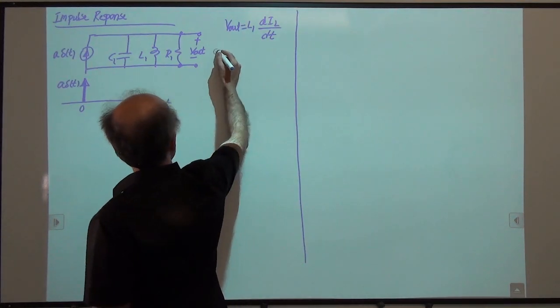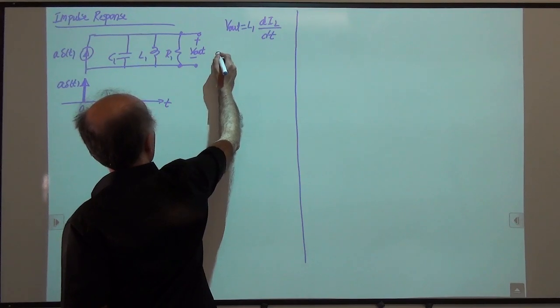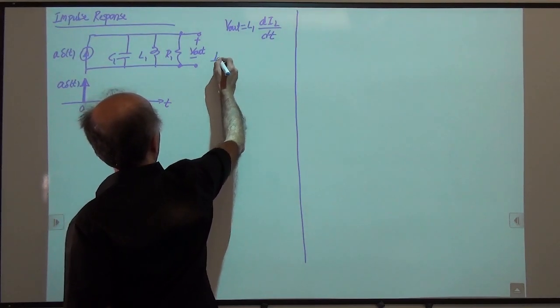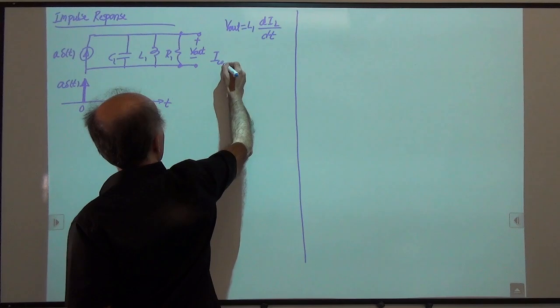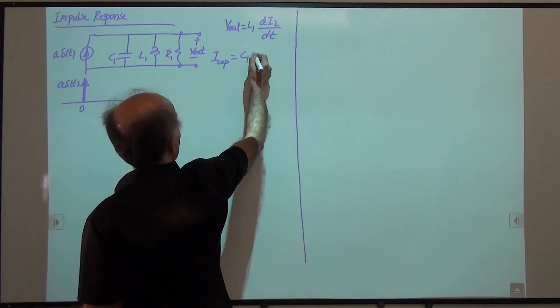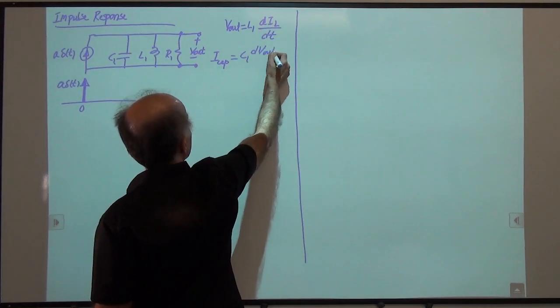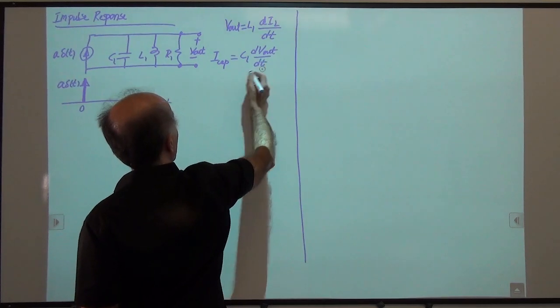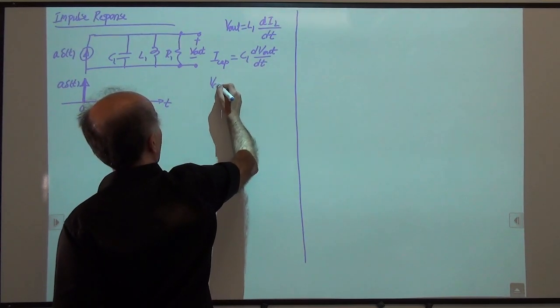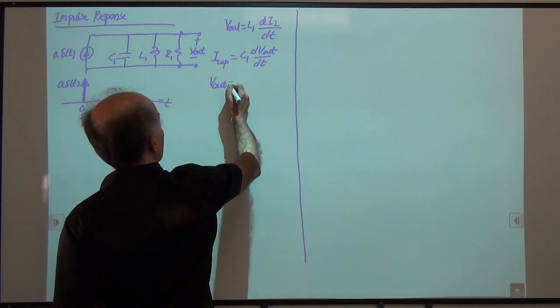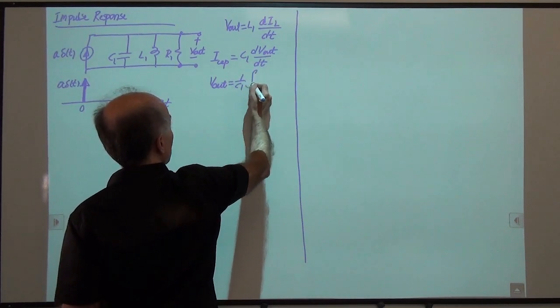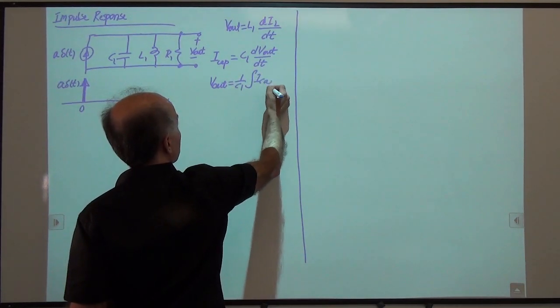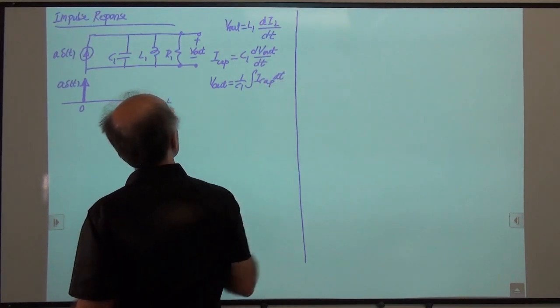So now for the capacitor, we say, for example, I capacitor is equal to C1 dV out over dt. Or we can say V cap or V out is equal to 1 over C1 integral of I cap dt.